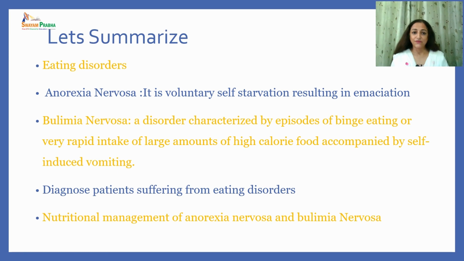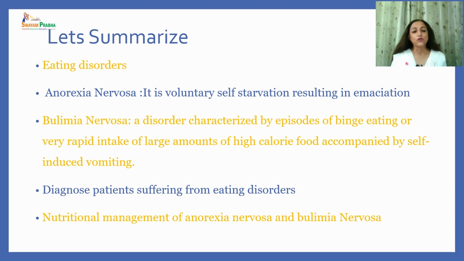So let's summarize what we have studied in this lecture. We have studied various types of eating disorders, and among them we focused on two eating disorders. That is anorexia nervosa, which we defined as a voluntary self-starvation resulting in emaciation.